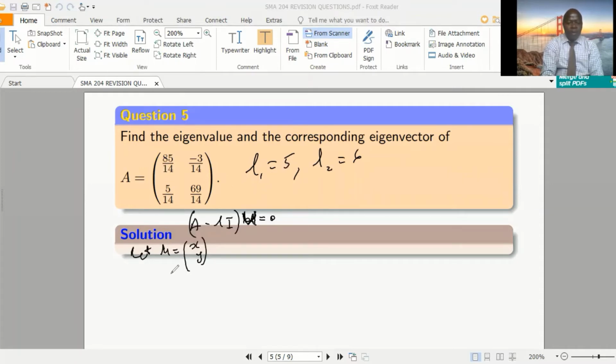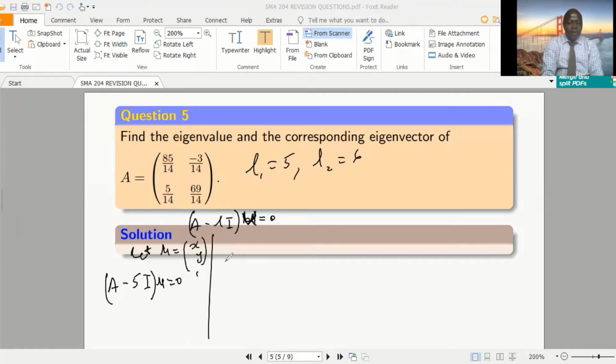And lambda here is 5. So I'll take A minus 5I and multiply by mu and equal to 0. So this is the same as subtracting 5 from the leading diagonal.